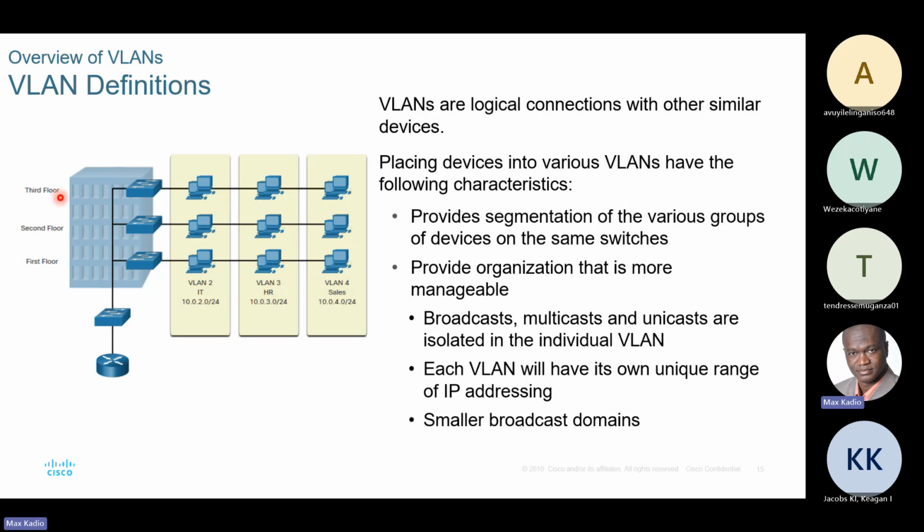But nowadays, you can sit anywhere and the switch can still know you as a first year, second year, or third year student. The switch doesn't need to know that because you are on the first floor, you are a first year student. So first year students can sit anywhere, but the switch will recognize you. How does it do it? It's the VLAN.